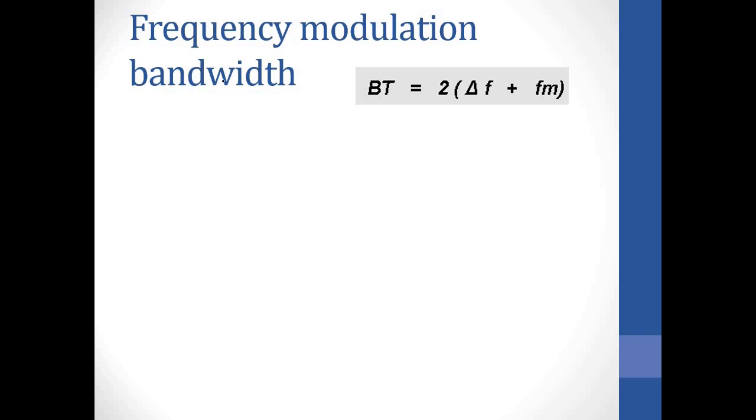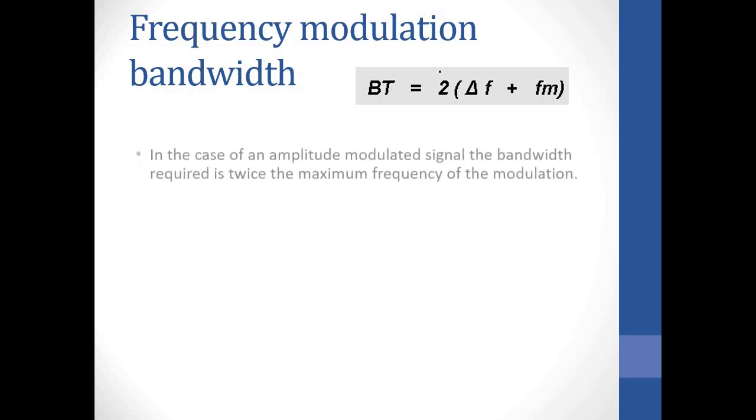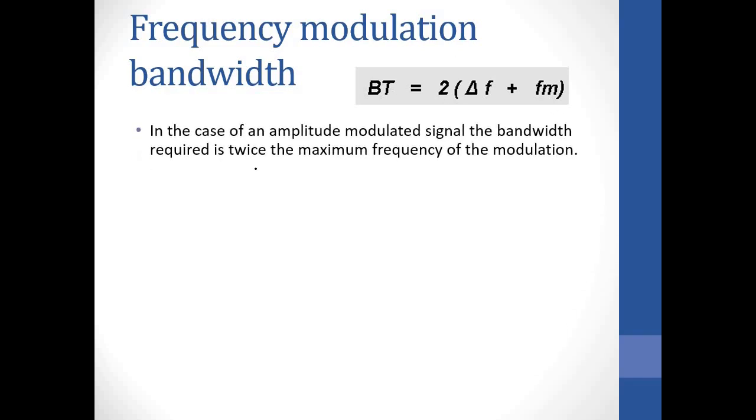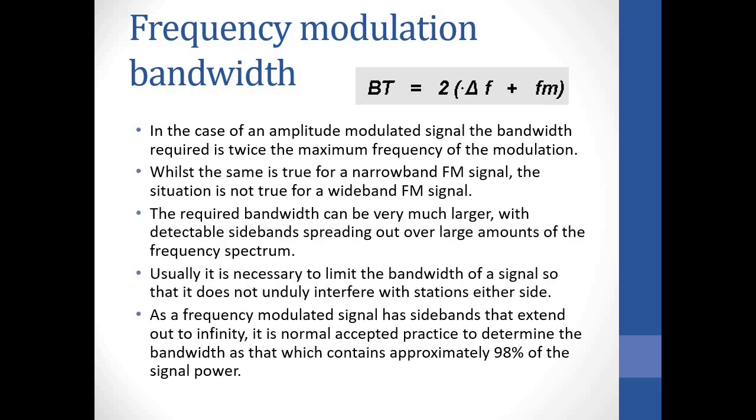So frequency modulation bandwidth is 2 delta F plus FM. Bandwidth is 2 delta F plus FM, where FM is the frequency of the modulating signal. Delta F here is just the frequency deviation, FD.